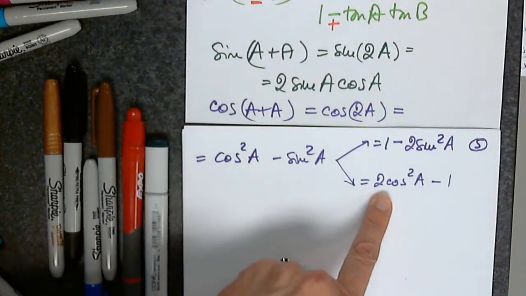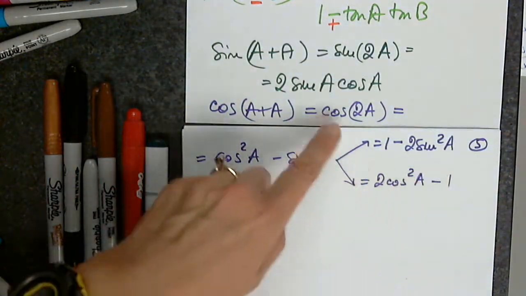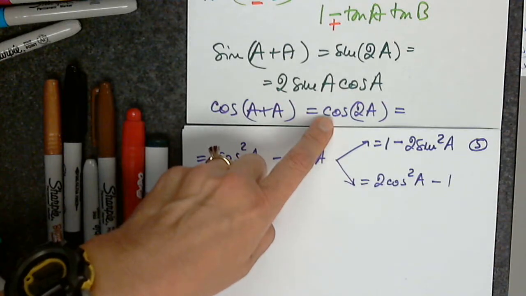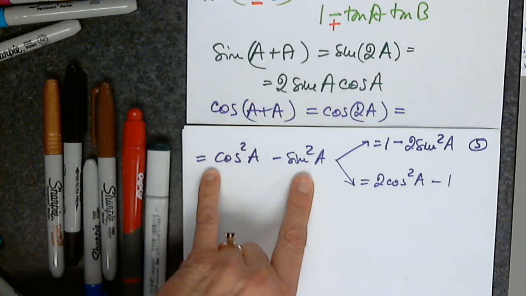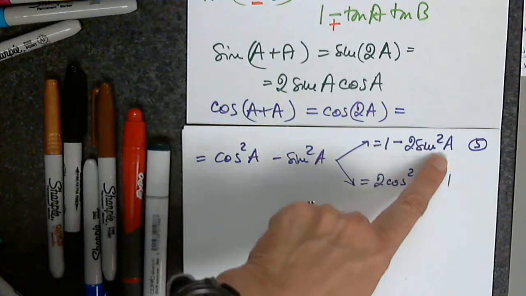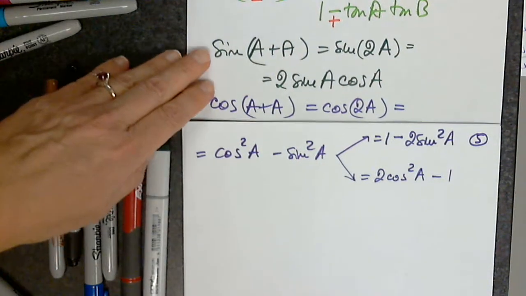Then I will use this form. So if I'm given cosine A equals 1/2, then I will plug it in and I will get cosine of twice A. If I'm given both, I will use this formula. But if I'm given sine, I will use this. If I'm given cosine, I will use this. That's why we have 3 formulas here for cosine of twice A.